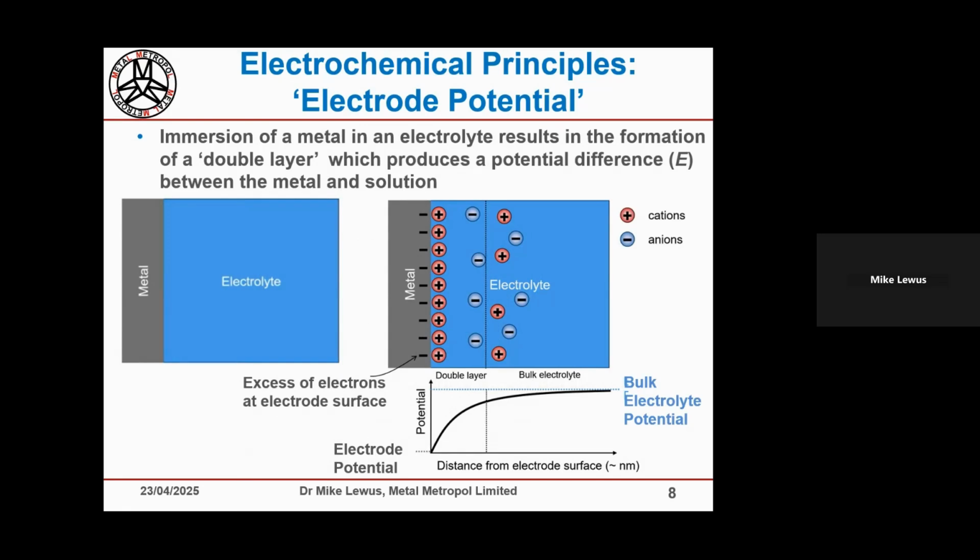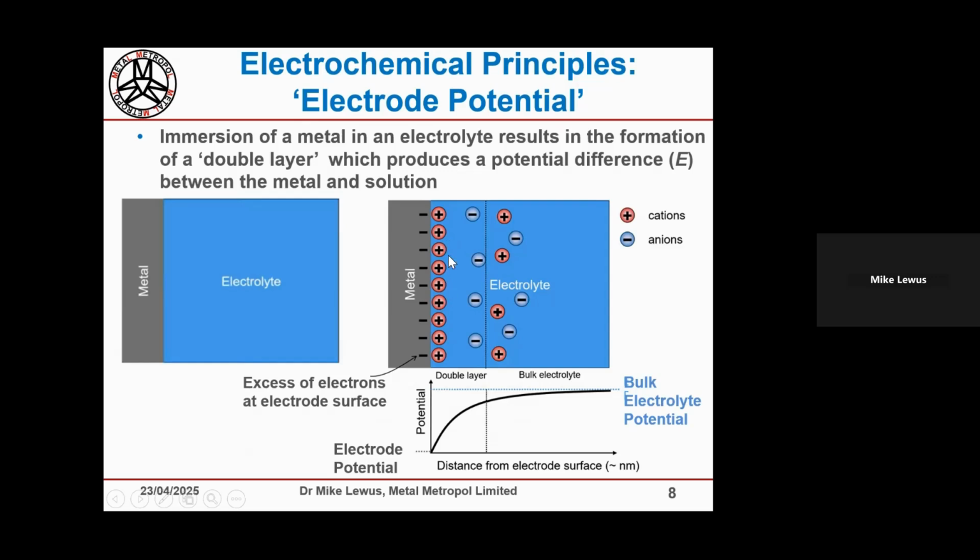So again, starting at a very fundamental level, if we put a metal in an electrolyte, and let's specifically say we put it in seawater, and it's not connected to anything, the first thing that happens is we get a charge separation. We get positive ions collecting at the surface associated with the electrons, but there's been a charge separation.